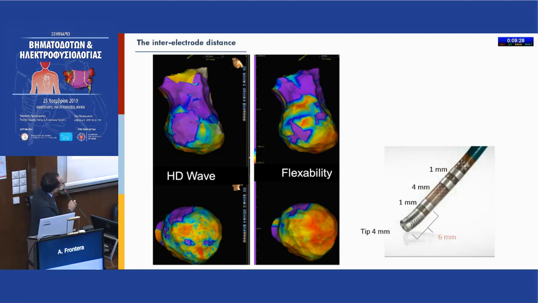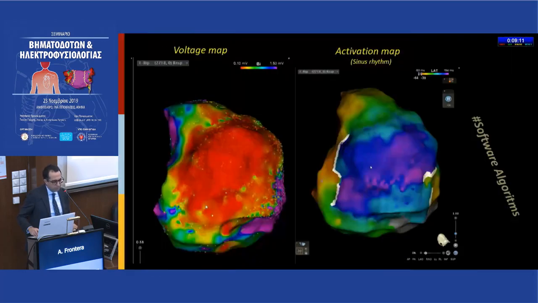And when you compare the new mapping technology with the previous one, where we were able to map only with the ablation catheter, you can tell the difference between the two. So the secret is the shorter distance, the best resolution, the best characterization. And then you can play with the algorithms that are now integrated in our mapping system.